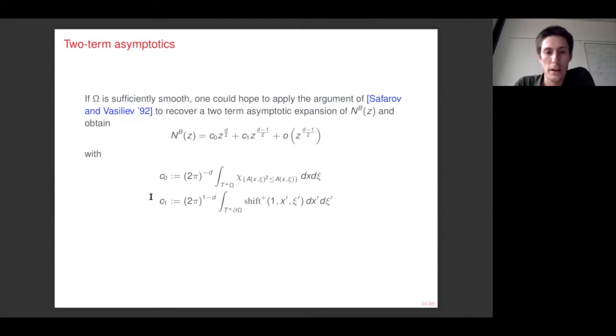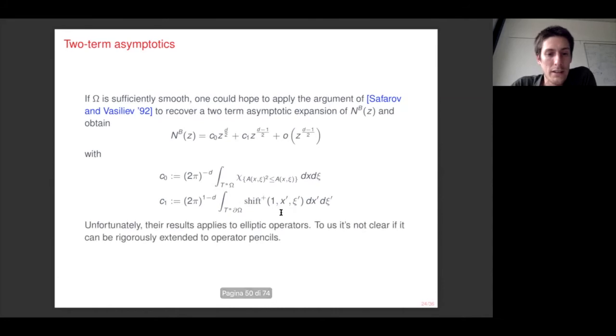And instead, C1, the constant of the second term, is this one, where without entering into details, this shift function here is a function which is related to an auxiliary one-dimensional problem, which is related to the buckling problem.